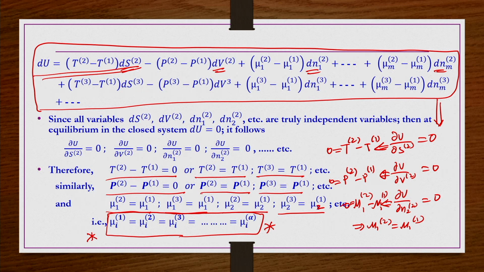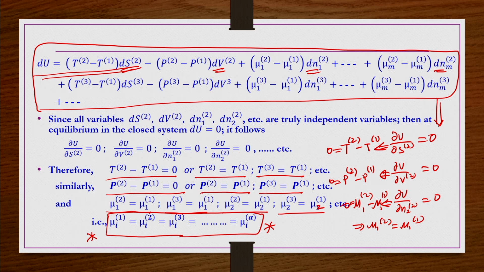In addition to this, we have also proved that if the process is in internal equilibrium with respect to heat transfer, temperature in all the phases is equal, and if the process is at internal equilibrium with respect to the displacement of volume, that is mechanical equilibrium, then pressure in all phases should also be equal. In addition to that, the chemical potential of each component in all the phases should be equal.